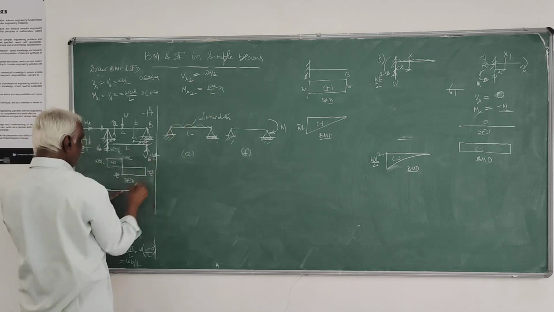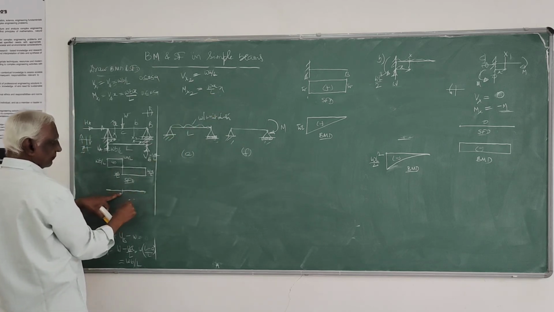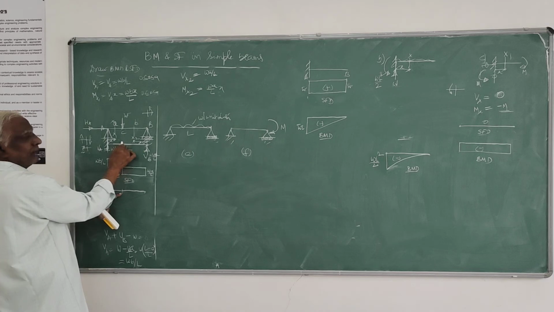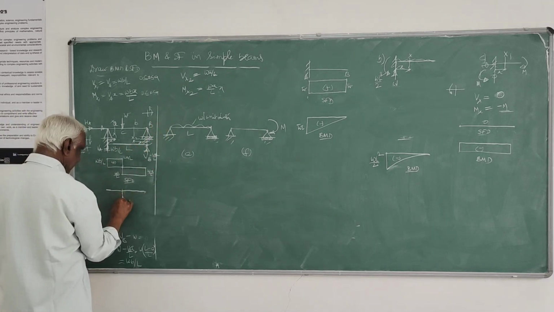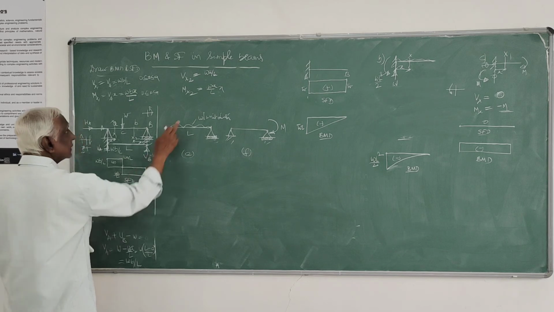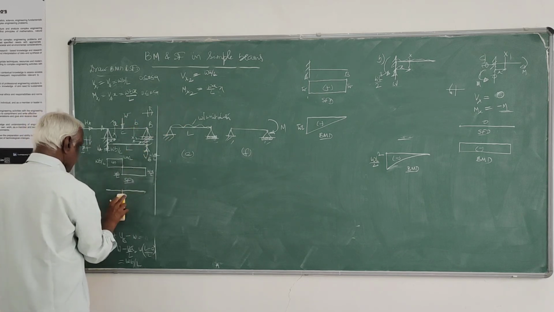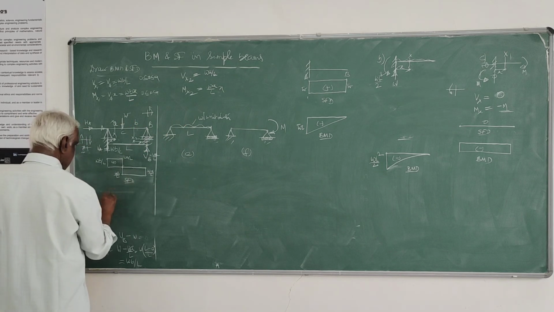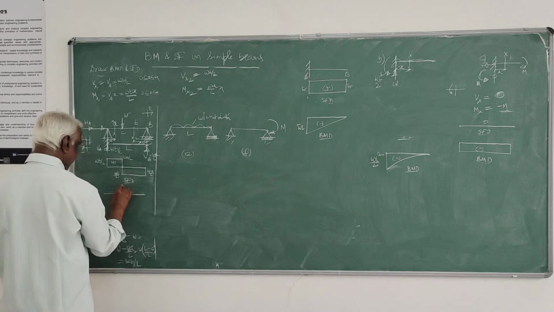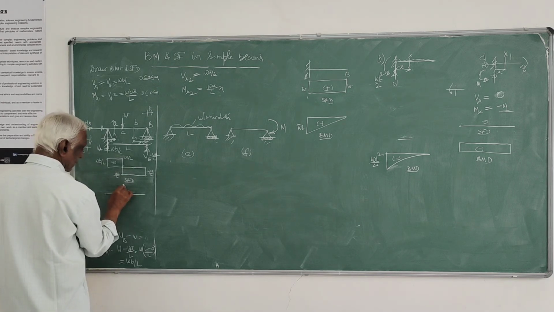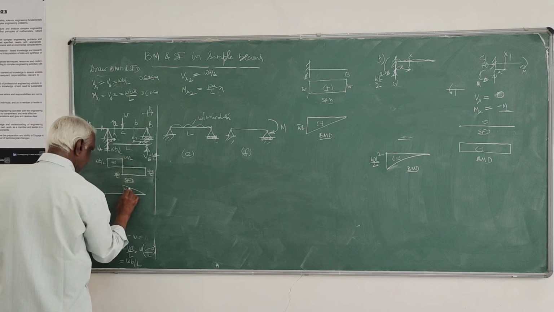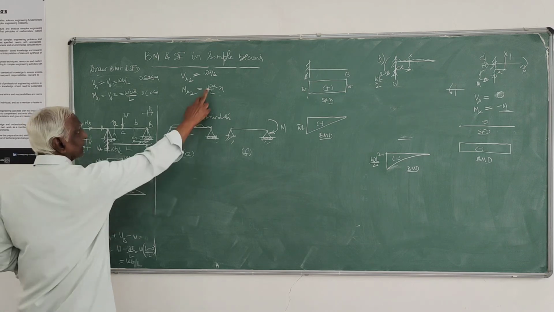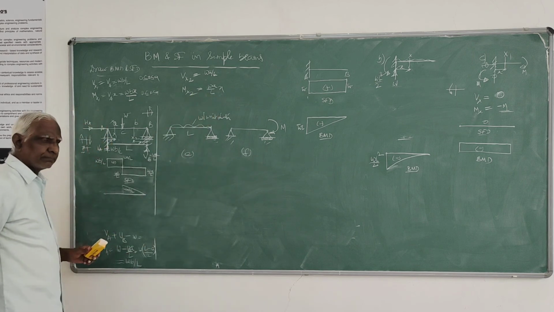When X is equal to B at this point, it is WAB by L. So this side, it is positive. Positive means I have to plot it to the top. Here it is 0, here it is WAB by L. WA by L into B.